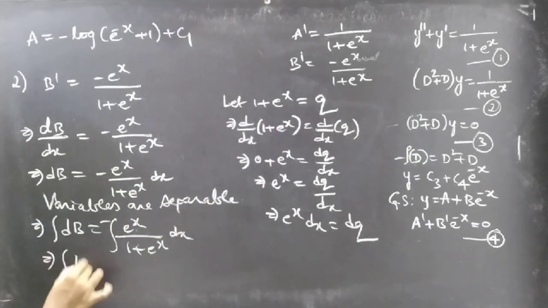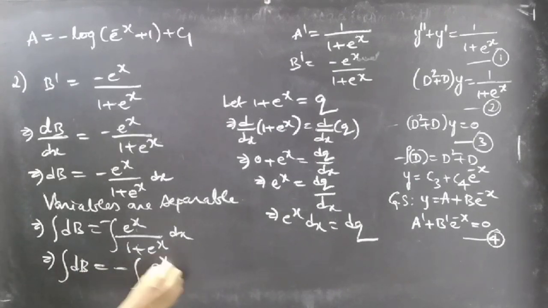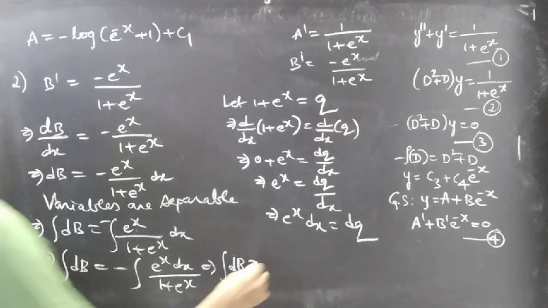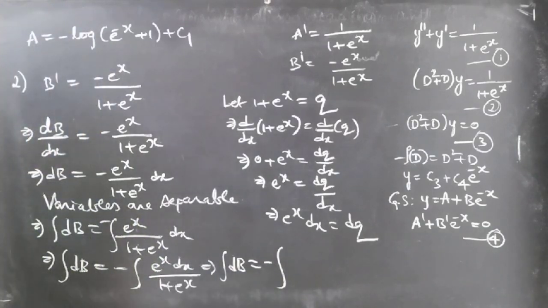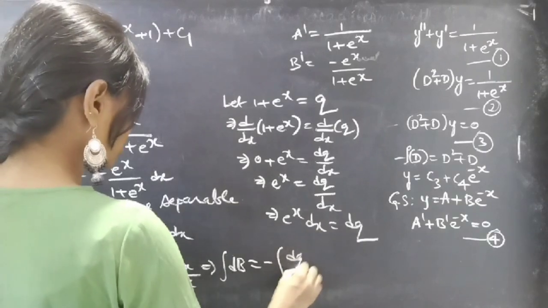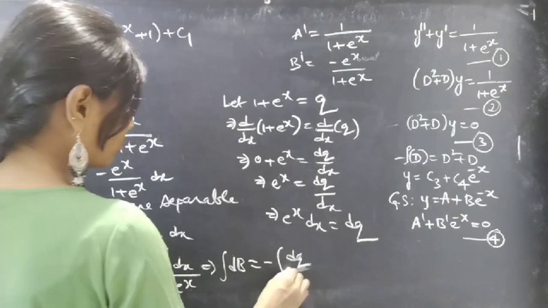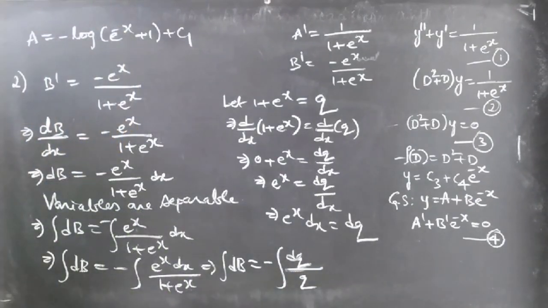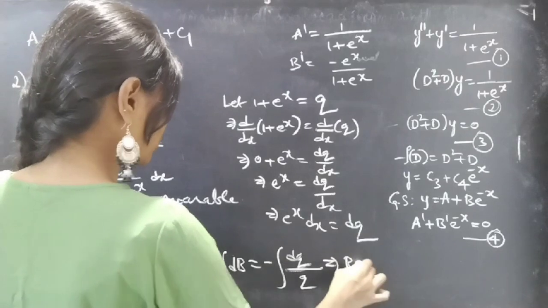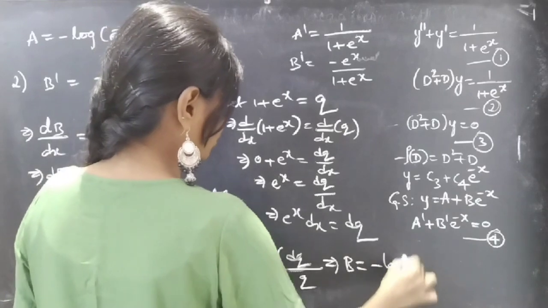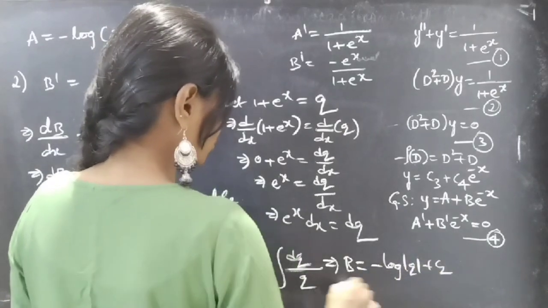This gives us integral db equals minus integral e power x dx by 1 plus e power x, which gives us integral db equals minus integral, e power x dx can be replaced with dq, and 1 plus e power x can be replaced with q, right? That gives us integral db equals minus integral 1 by q dq, which is log mod q plus some integral constant, say c2.